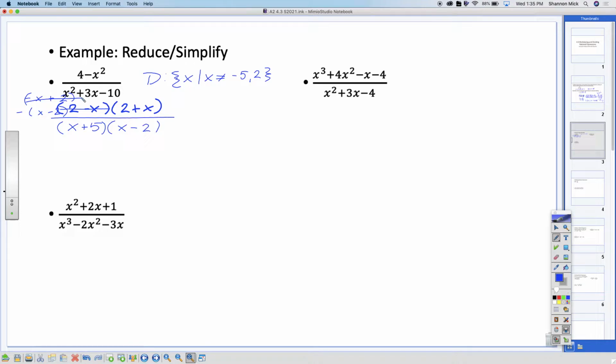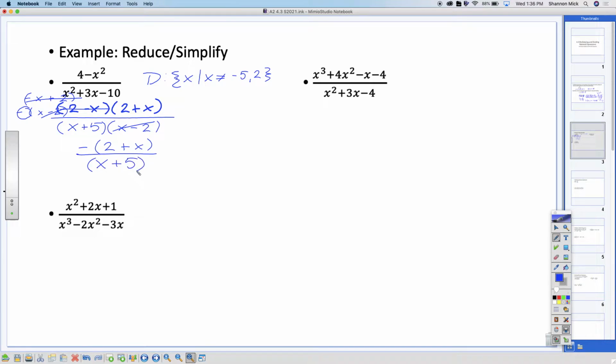So it's -1 times the quantity x minus 2. So now do I have x minus 2 and x minus 2 that I can reduce? But I can't forget I still have a what out here? Negative. So now this reduces. So I get negative 2 plus x over x plus 5.